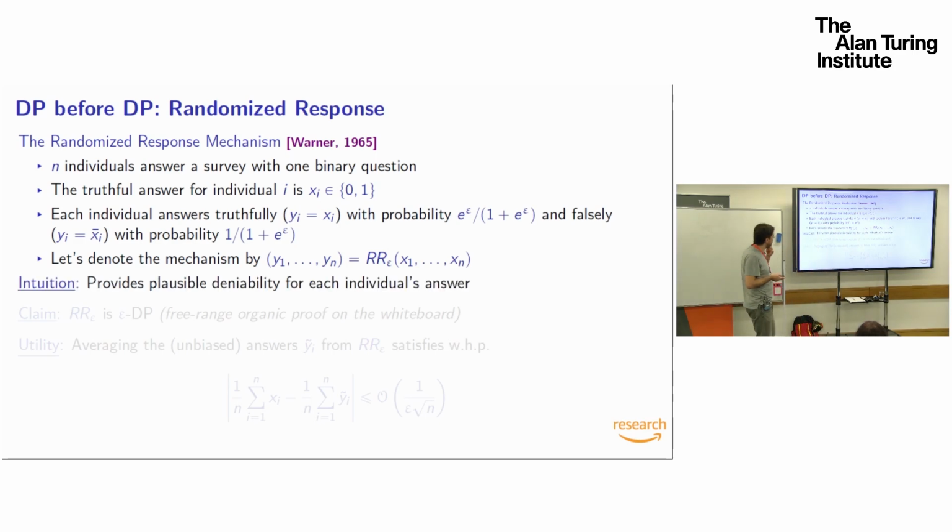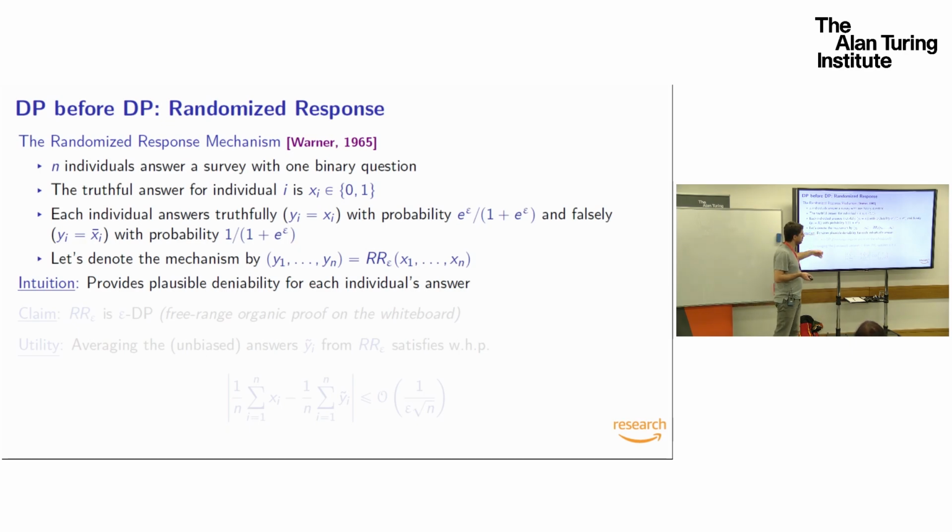It's easy to see that this mechanism satisfies our intuition about plausible deniability. If somebody sees the answers of this survey and says, ha, so you like Justin Bieber, I can say, no, wait, my coin came up tails. There's no real way for them to know which was my true answer.